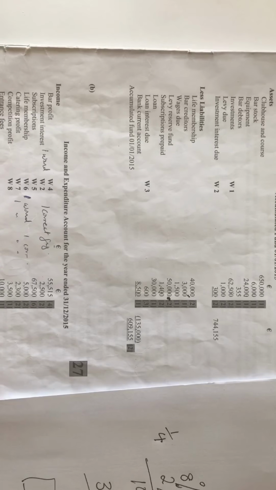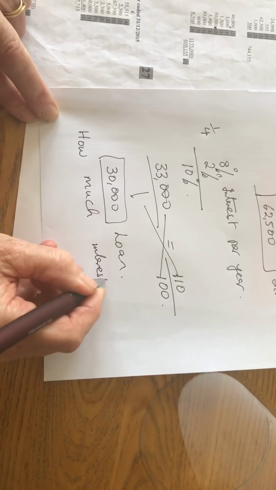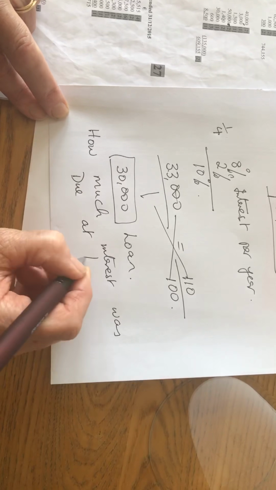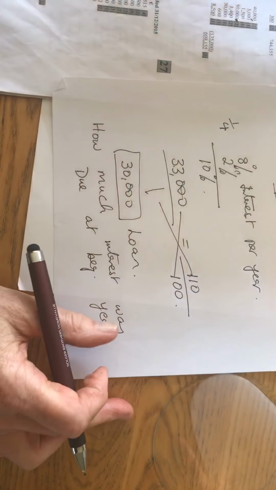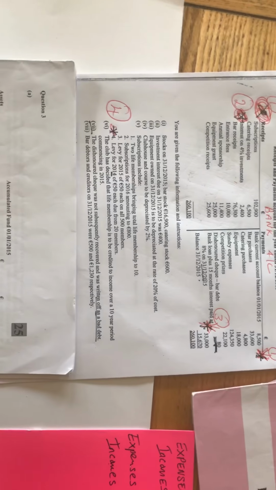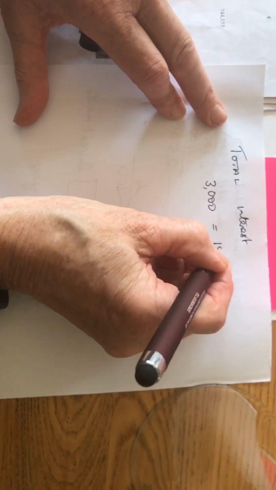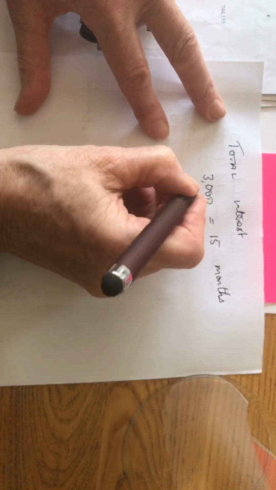Now I need to work out how much interest was due at the beginning of the year. The total interest that we pay is 3,000. That's for 15 months. 1 month's interest is 200.